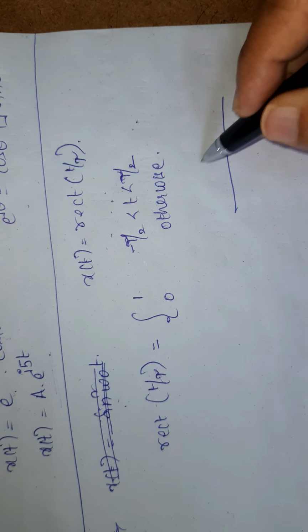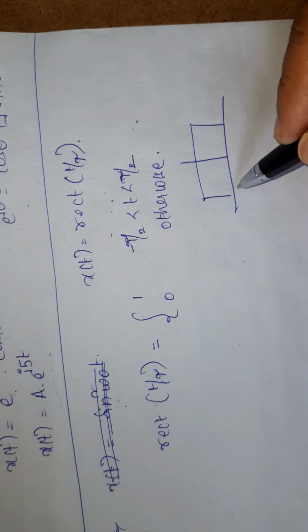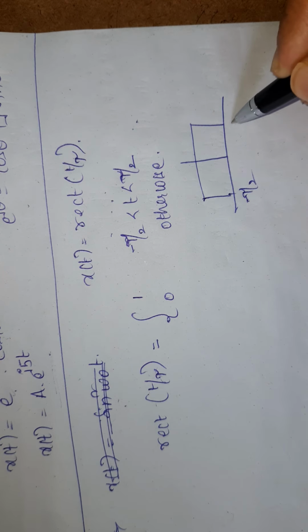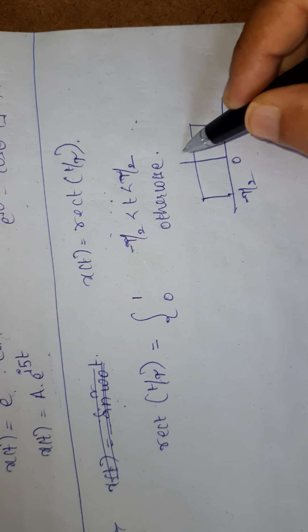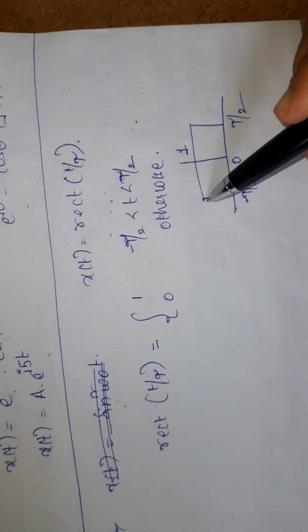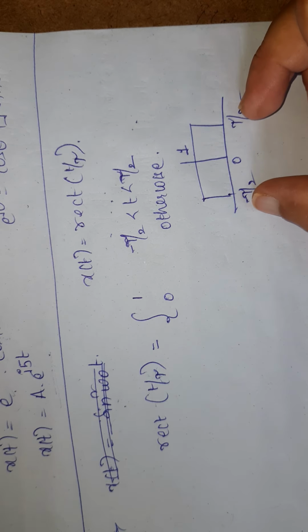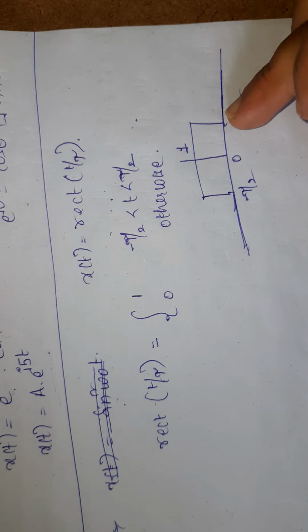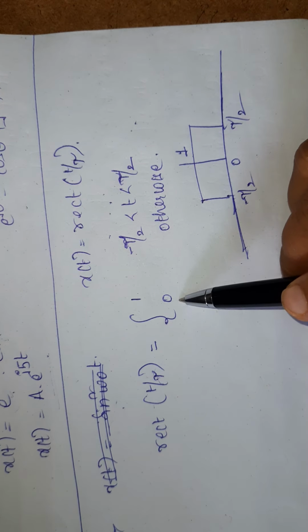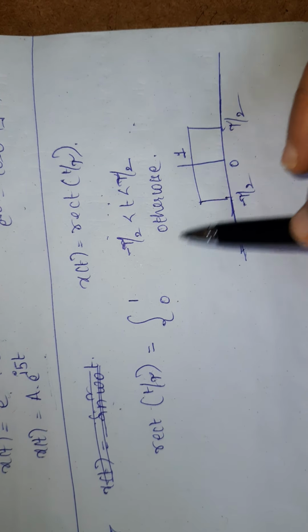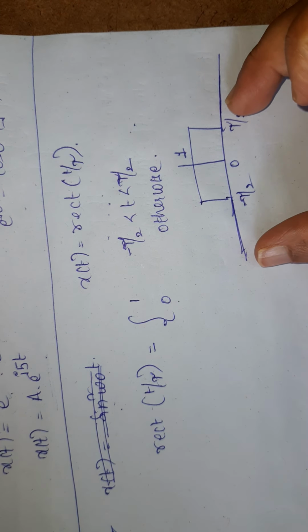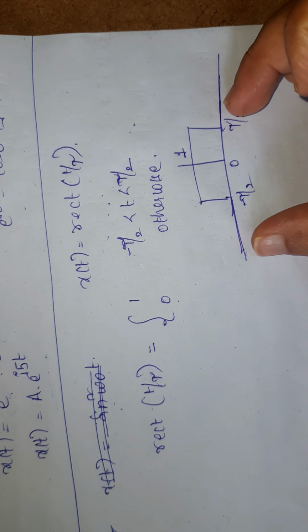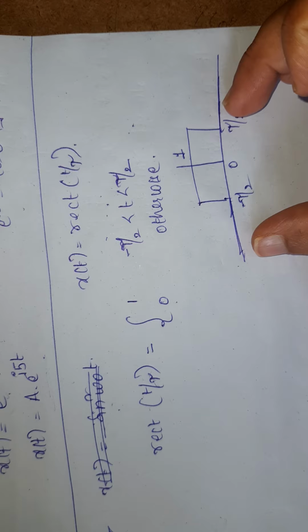So diagrammatically it is represented like this: minus tau by 2, plus tau by 2, and 0. It is having the magnitude 1 in between these ranges, and in the remaining ranges it is having the magnitude 0. So this is a rectangular function. We have to determine whether this signal is power signal or energy signal.